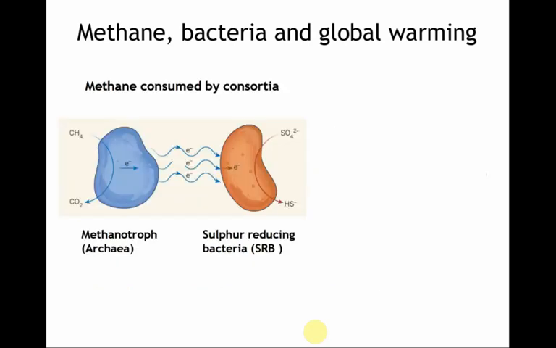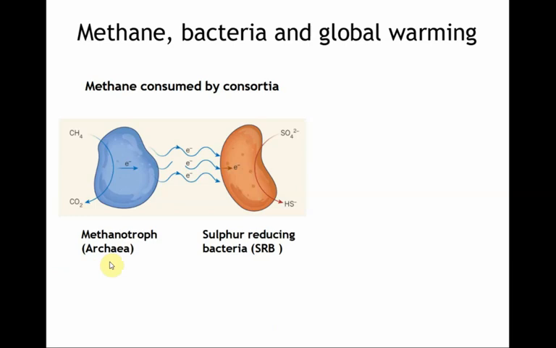confronted with. Now, it's not all bad news from bacteria. Methanogens are the source of methane, but there are other bacteria that consume methane. These are methanotrophs. Methanotrophs are also archaea, and they often don't grow on their own.